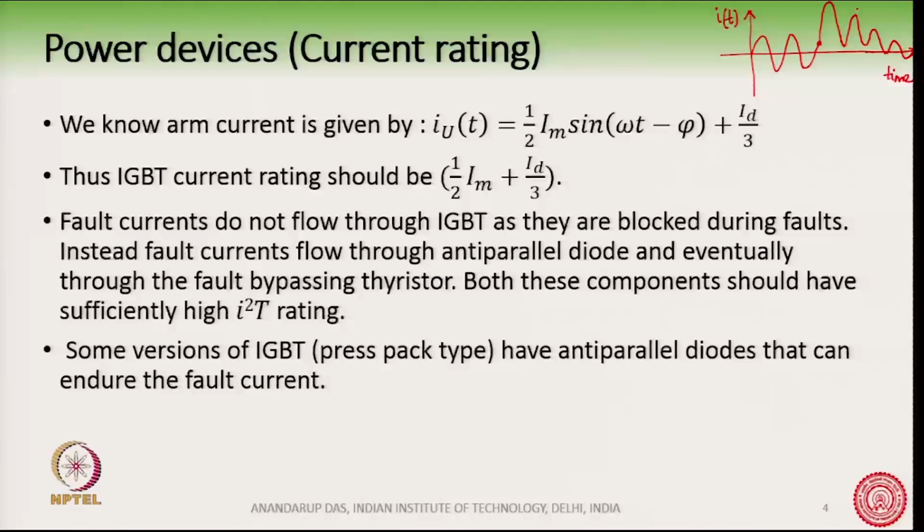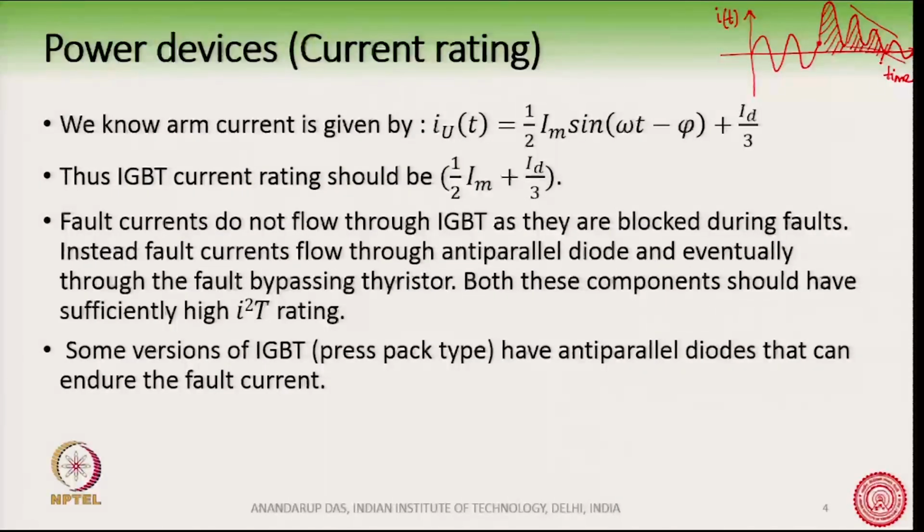The waveform will decay here as per the RLC damping time constant, but the AC circuit breaker will only operate after there is a zero crossing. Before the zero crossing there can be several cycles of the current. So this is the current which is flowing before the zero crossing here.